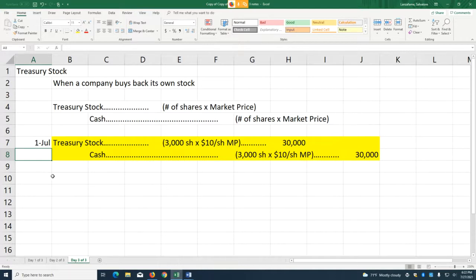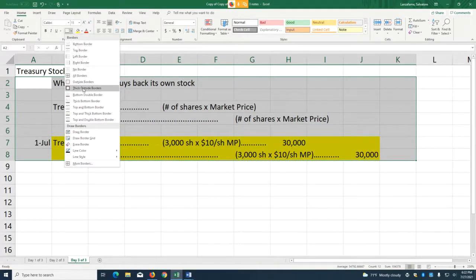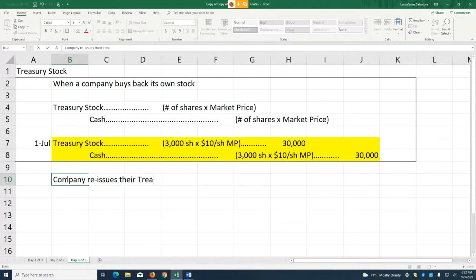Okay. So the next transaction, I'm just going to make it up. Let's put this in its own little box. So now let's say the company reissues their treasury stock, and let's just do 1,000 shares.